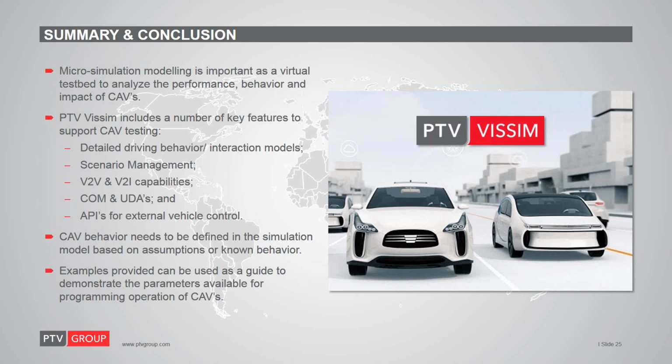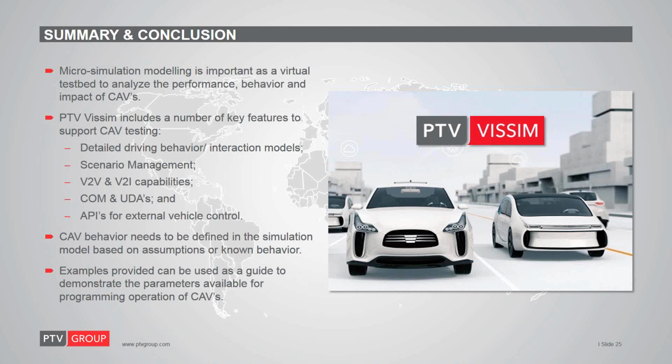Jochen's examples demonstrated quite clearly how Vissim can be used for vehicle-to-vehicle and vehicle-to-infrastructure capabilities, as well as having our APIs that allow external vehicle control through the driving simulator interface.